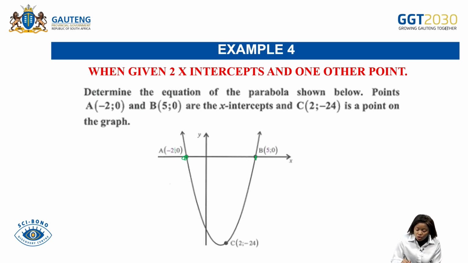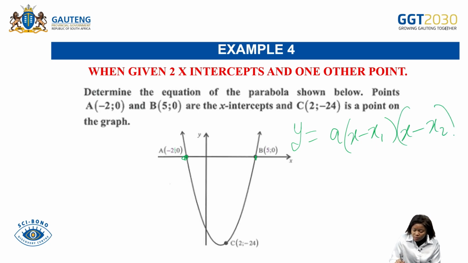So I have the x-intercepts, and you are going to use your equation y equals a into (x minus x1) and (x minus x2), right? Remember I said x1 and x2, those are your x-intercepts. So when I'm substituting, I'll have y equals a into (x.